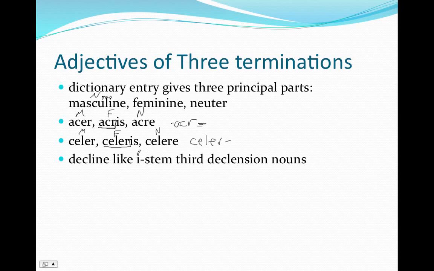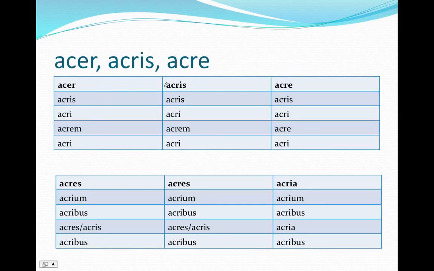So let's see how this works, and note they're like I-stems. Acer, acris, acre: masculine, feminine, neuter. We get our stem from acris, and we decline just as we would a third declension I-stem. Genitive, acris, acris, acris, all the same. Dative, acri, acri, acri. Accusative, acrem, acrem.